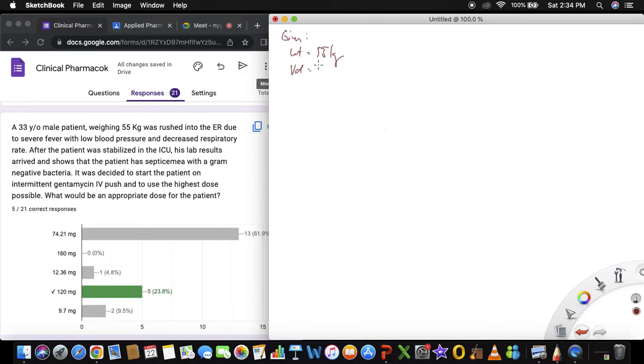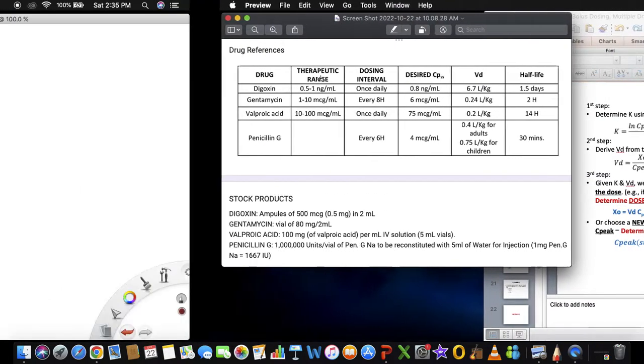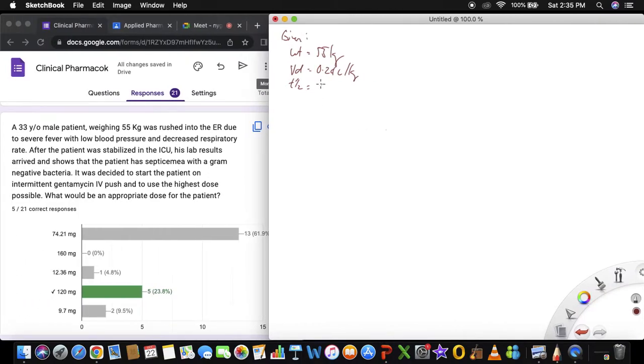0.24 liters per kilogram, half-life is, I forgot, 2 hours, right. Okay, 2 hours. Then for the desired CPSS, instead of 6, class, let's go with 10 milligrams per liter. Because, as we said, the desired here is the highest possible dose.